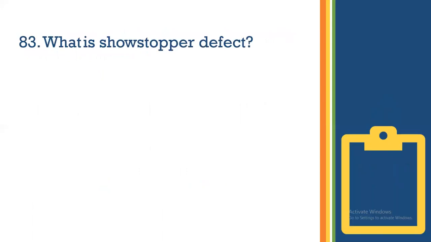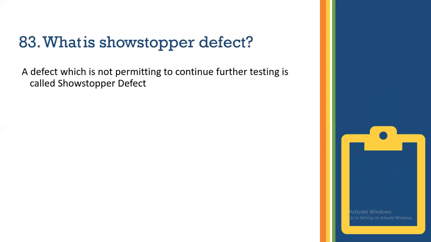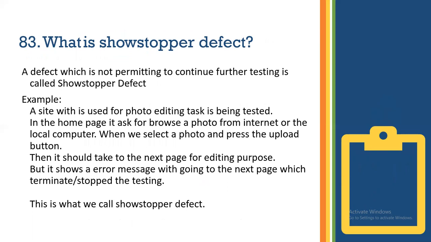What is a showstopper defect? A defect which is not permitting further testing is called a showstopper defect. Example, a site which is used for photo editing is being tested. In the home page, it asks to browse a photo from the internet or the local computer.